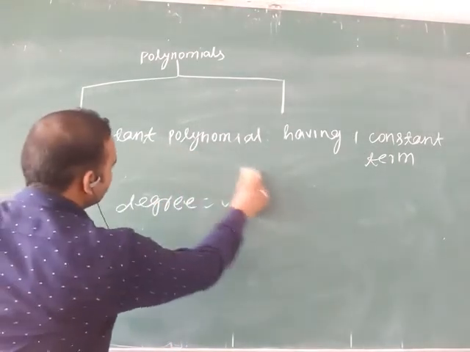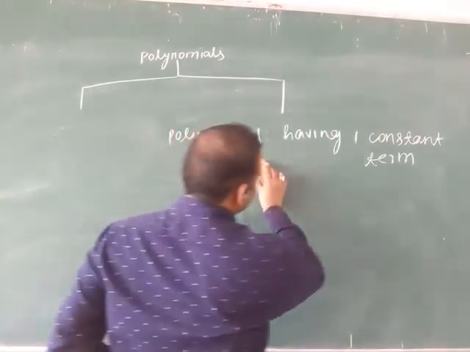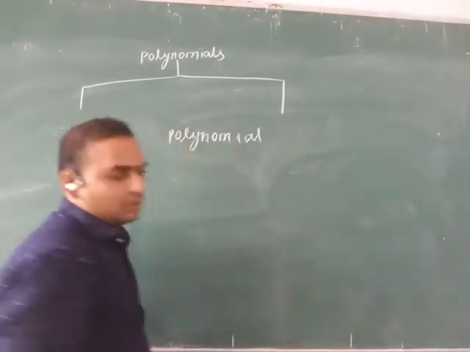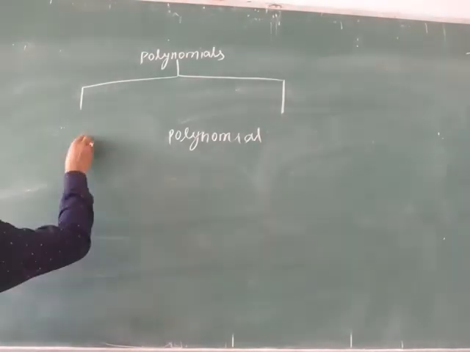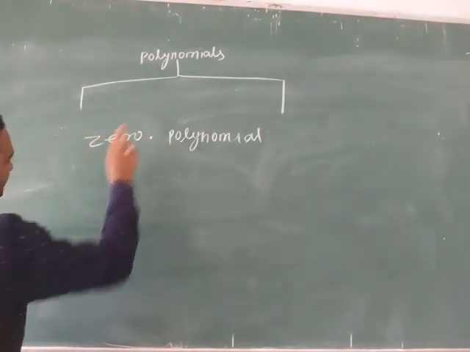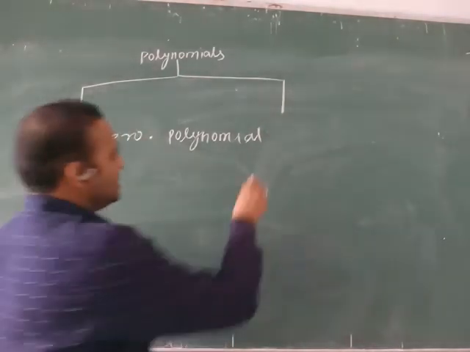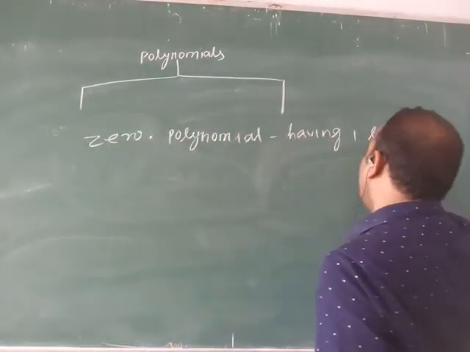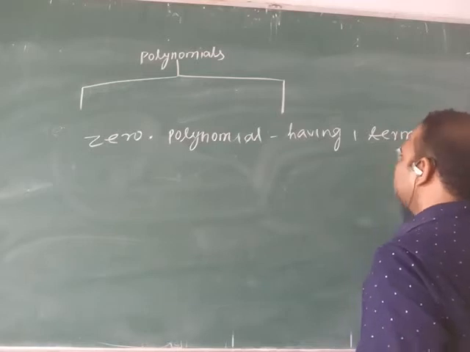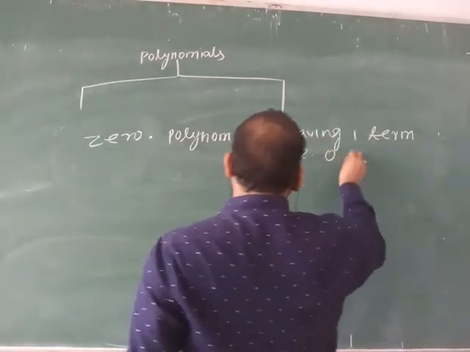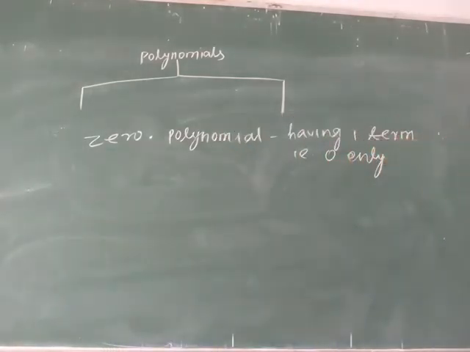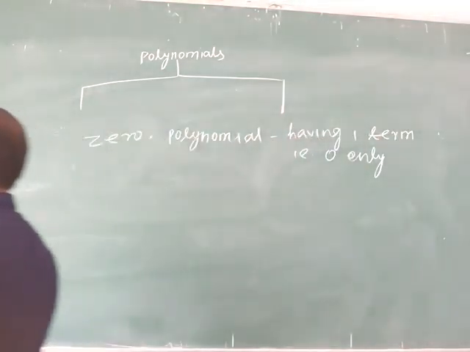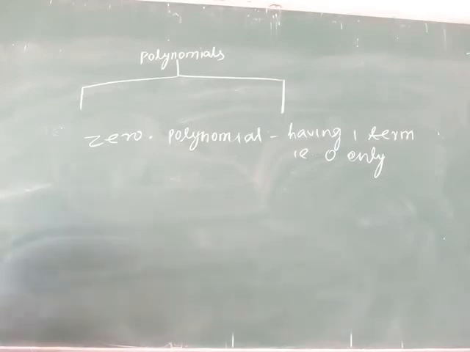Next one is zero polynomial. A zero polynomial has one term, that is 0 only.